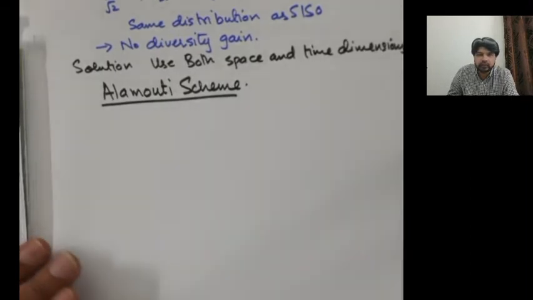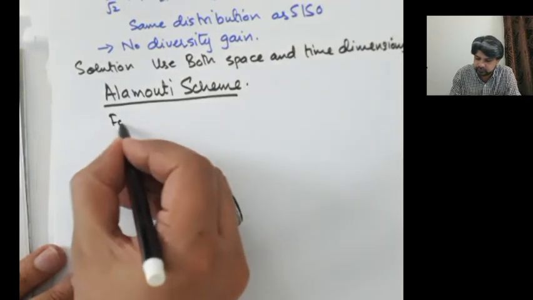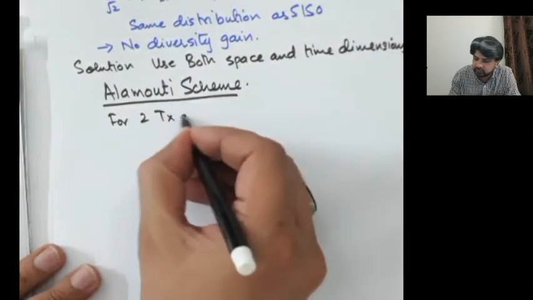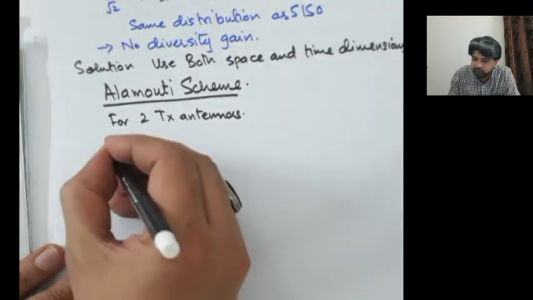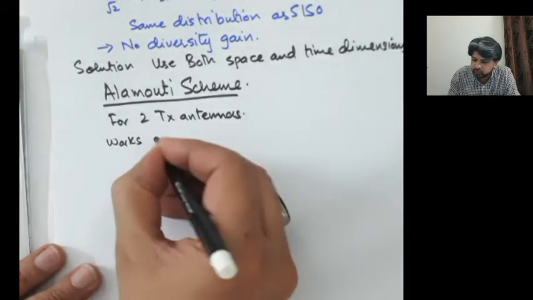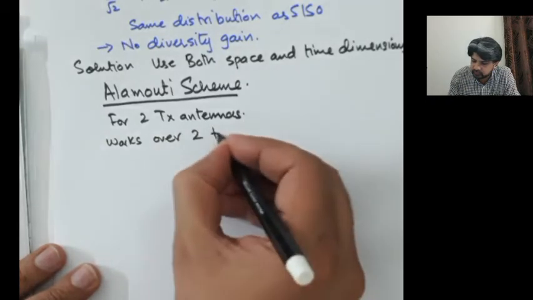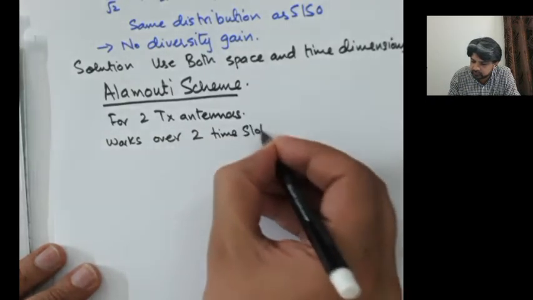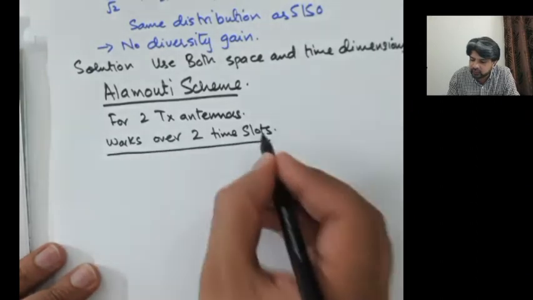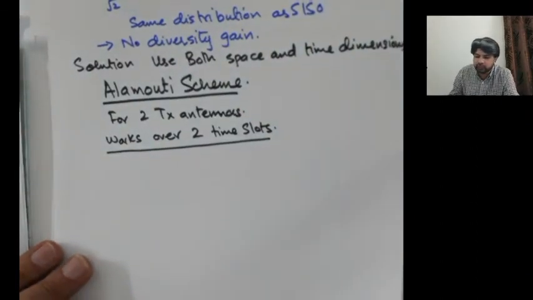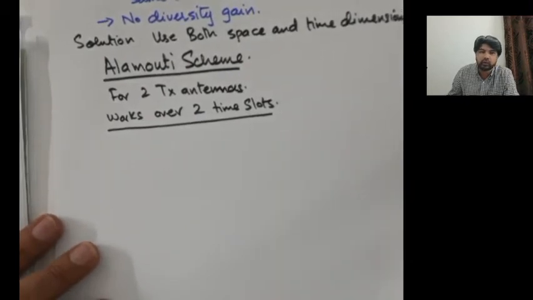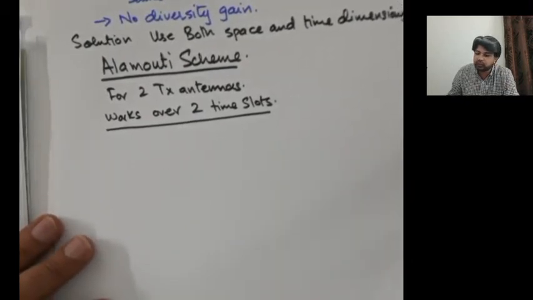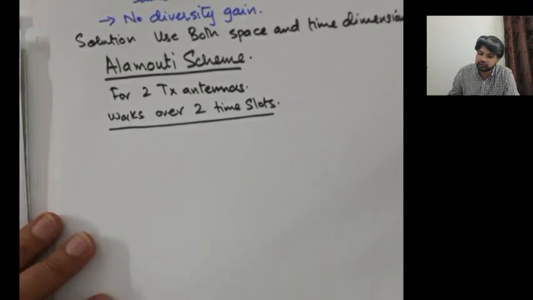For a very simple scenario, if you have two transmit antennas, the Alamouti scheme works over two time slots. So if you transmit the signal in a certain pattern and you do the signal processing over two time slots, then you would be able to get some diversity gain out of it.